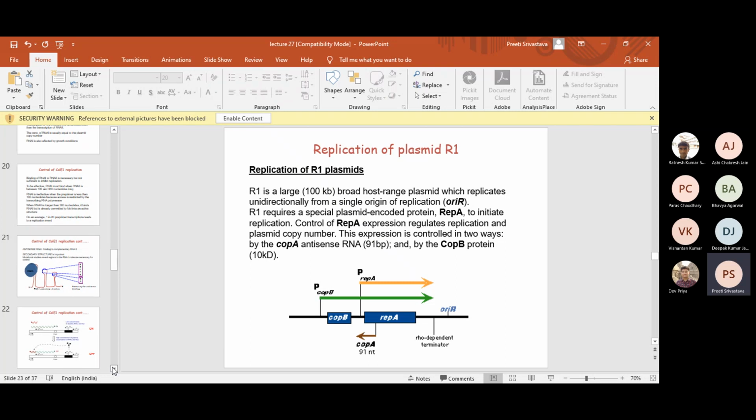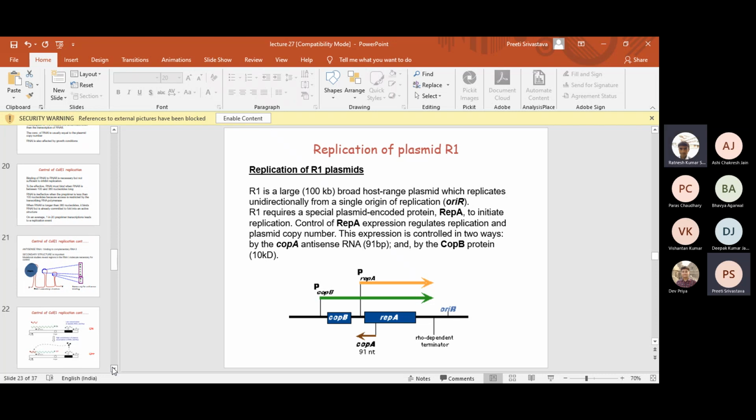Why do we say that the chromosome is present in 1 to 2 copies? Why do we say that the F plasmid is present in 1 to 2 copies, pBR is present in 15 to 20 copies, and pUC19 is present in 500 copies? Why 500? Why not 50? Why is the chromosome present in 1 to 2 copies? Why not 100 copies? Because there is a regulation.